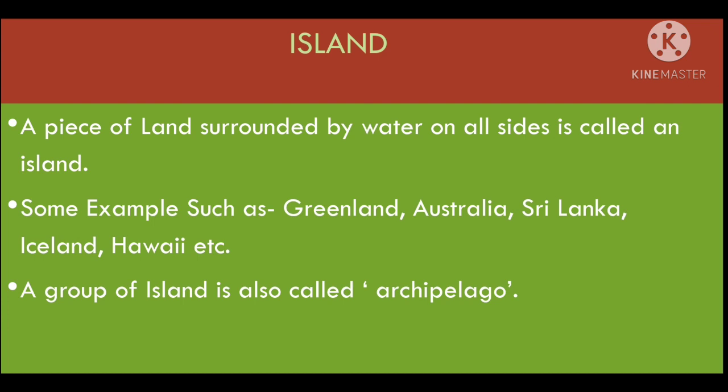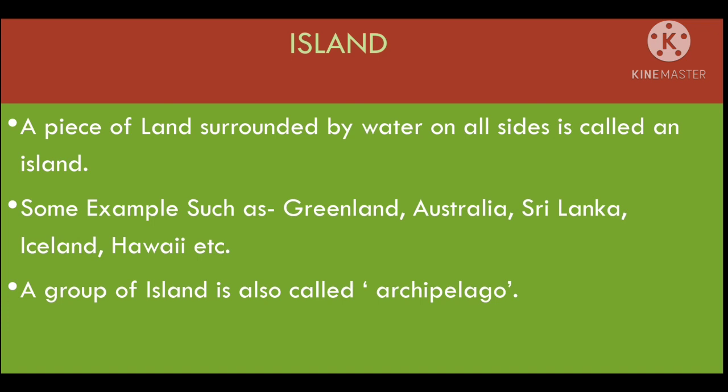Some examples of islands are Greenland, one of the largest islands, and Australia, which is an island country as well as an island continent, Sri Lanka, Iceland, Hawaii, etc. These are examples of islands throughout the world.